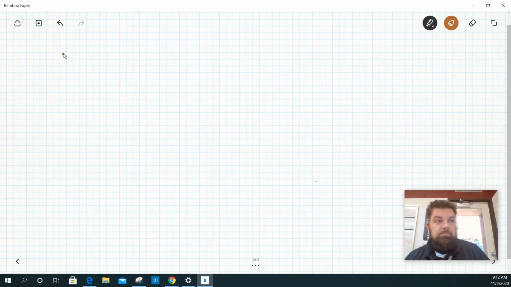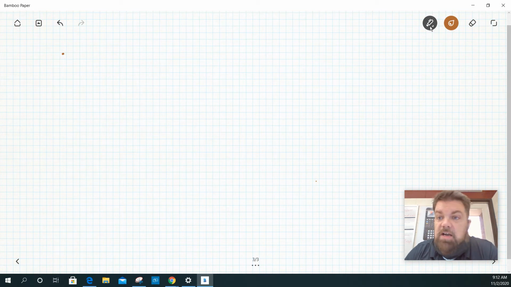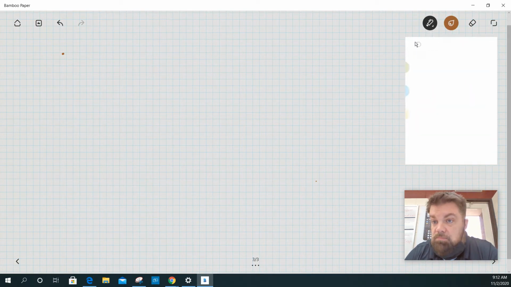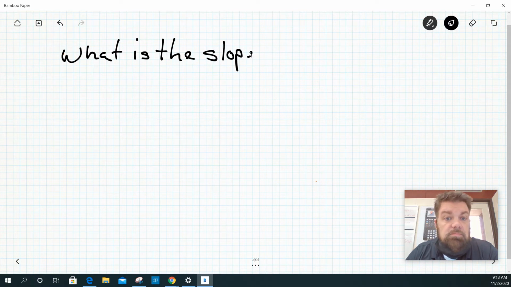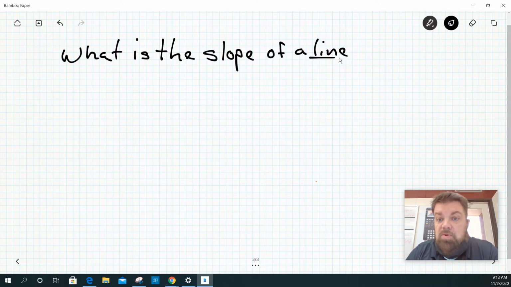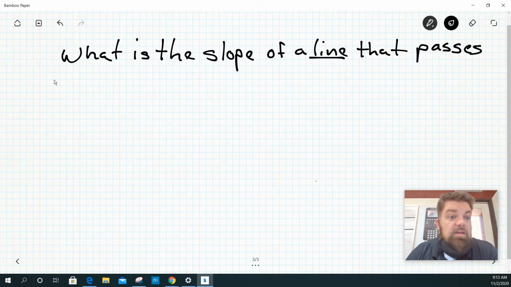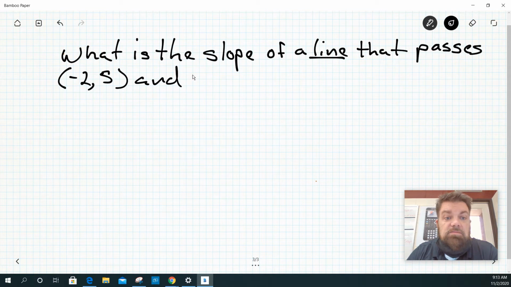All right, so for this next one, let's figure out what is the slope of a line, underline that word line, that passes through the points (-2, 5) and (0, 2).